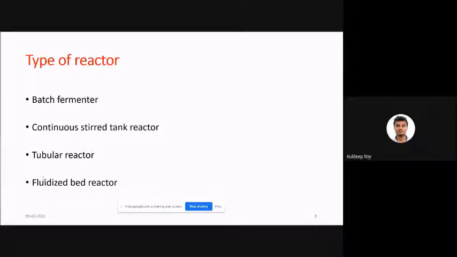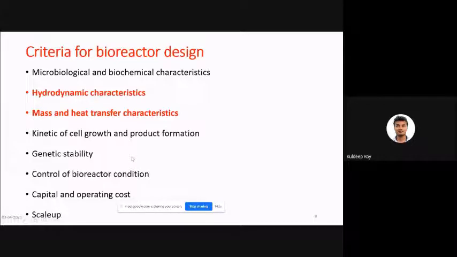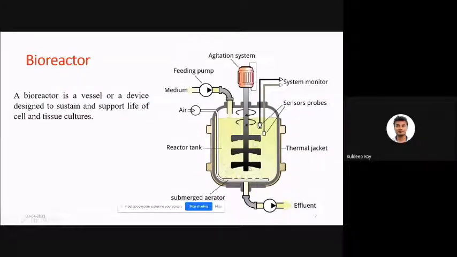Now the tubular reactor and fluidized bed reactor. In a fluidized bed, you can see here you are adding bubbles. When you inject air, it will keep the fluid in a floating condition, which will enhance the mass transfer. You add some kind of gas.